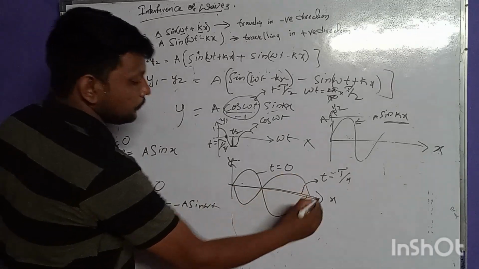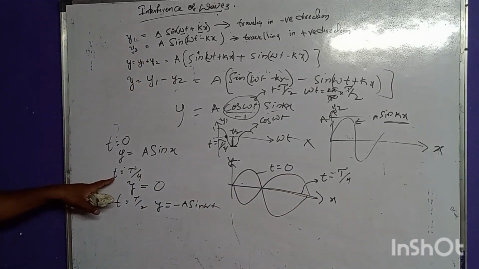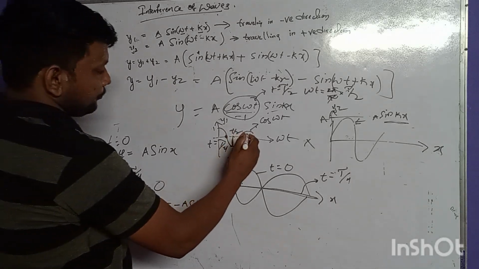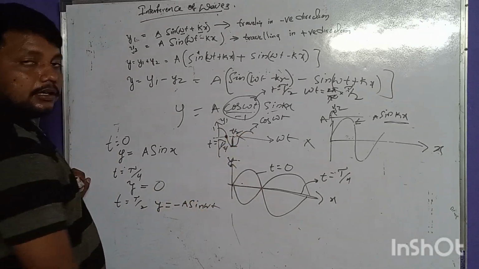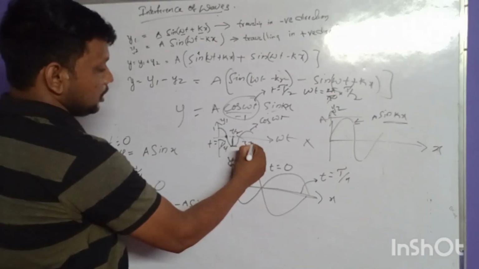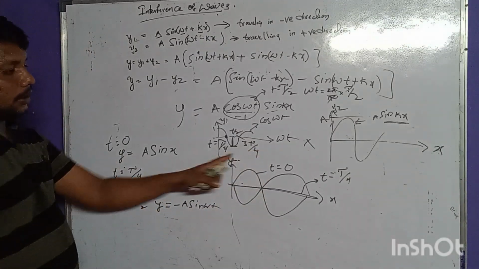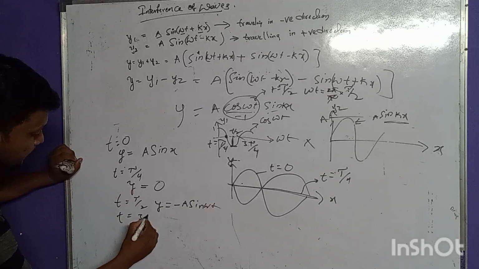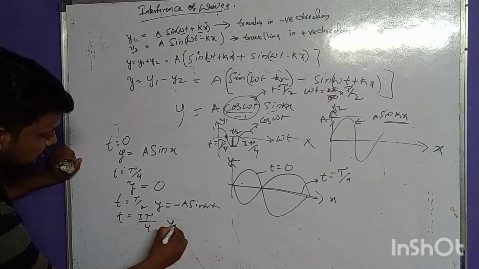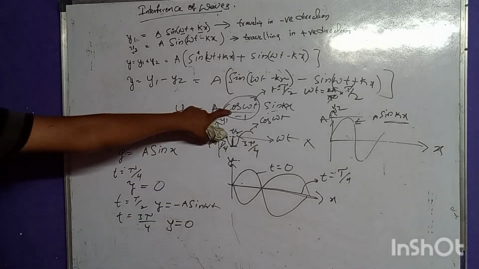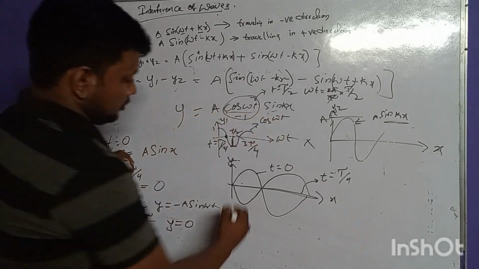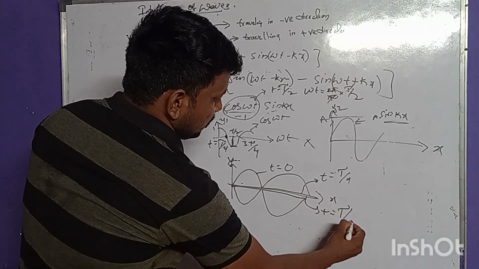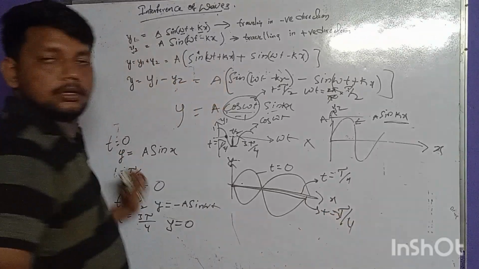This is the waveform. And again, at t is equal to 3 tau by 4, y is equal to 0, because this is 0 and 0 into something is 0.